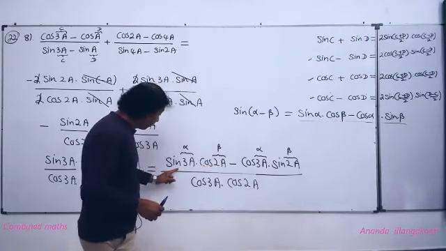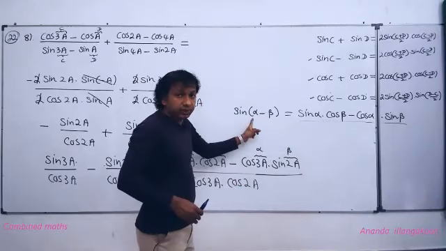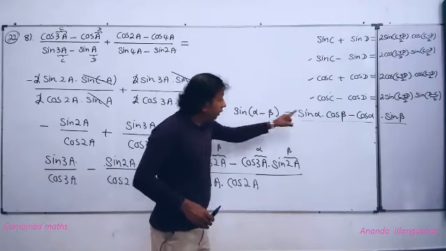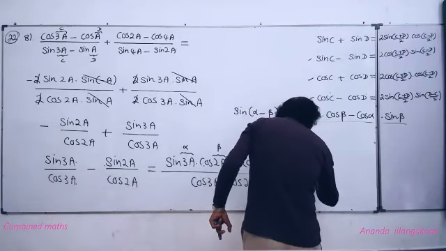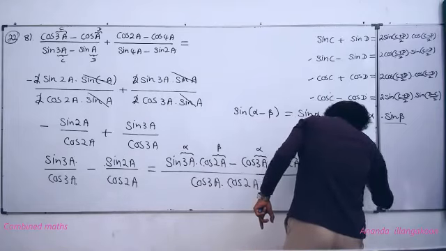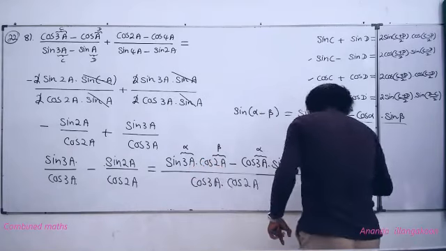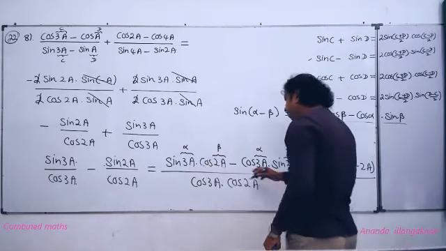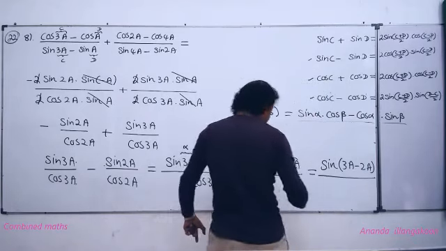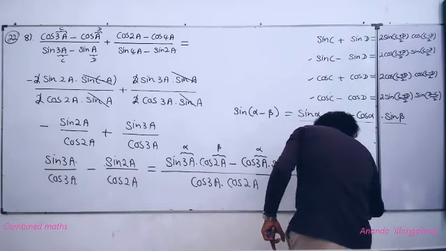Then you can try this, how, people? This one we can write like this, sin of this angle minus this angle. So therefore I can write the same thing like this, sin of this minus this, 3a minus 2a, because alpha is 3a, beta is 2a, divided by cos 2a cos 3a, I write like that.